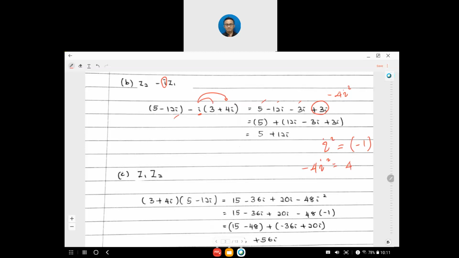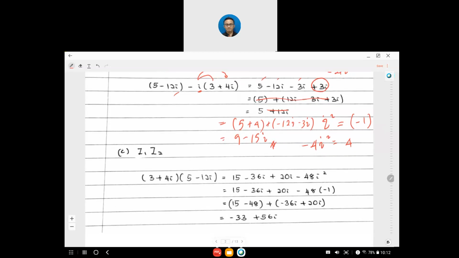The real part becomes 5 plus 4. Okay. And then the imaginary part becomes negative 12i minus 3i. So it becomes 9 minus 15i. Okay, that one is the answer for question B.